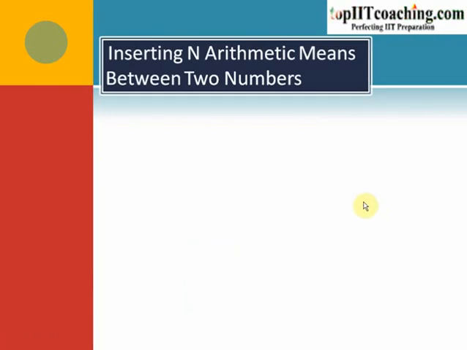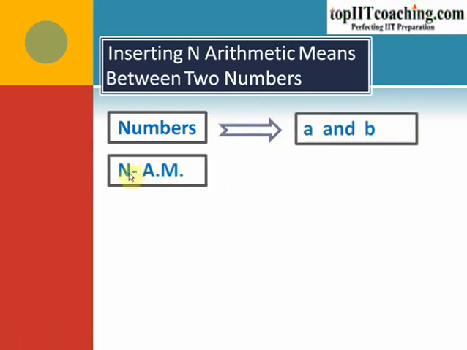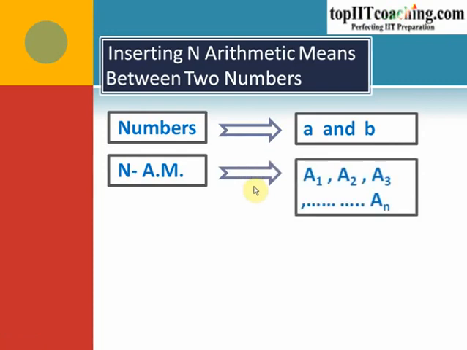Now let's see how to insert n arithmetic means between two numbers. Earlier we've seen just one arithmetic mean between two numbers. Now let us say that we need to find n arithmetic means between two numbers a and b, and let us say that the n arithmetic means are a1, a2, a3 and so on up to an.